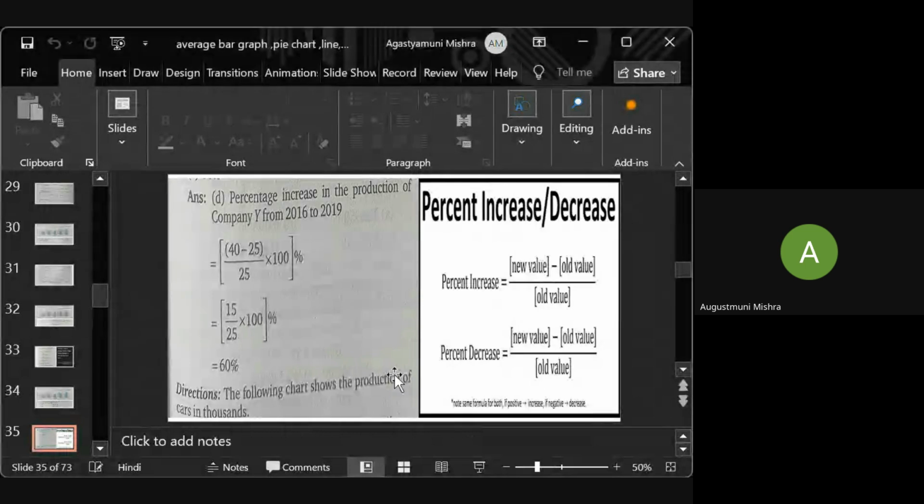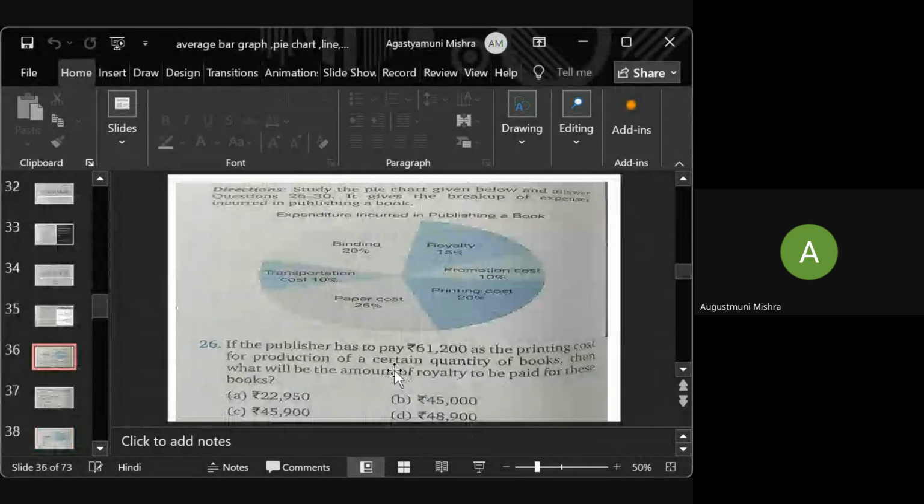I'm changing the slide now for the next question. The next question is here. So this is another question from the pie chart. Okay, so your time start now. At 7:17, I will change the slide. You have 3 minutes left.